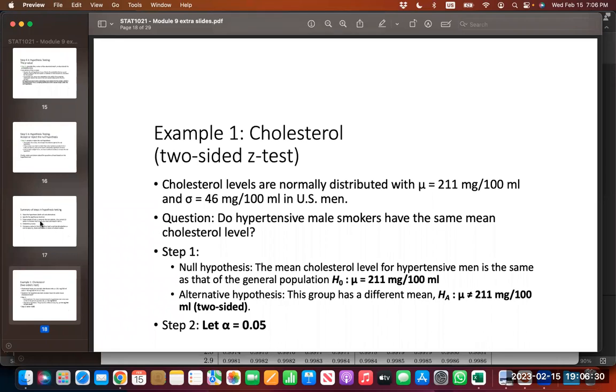We're defining that there's no difference between the sample mean and 211 milligrams per deciliter. Then we have an alternative hypothesis where this is unequal, and we're defining an alpha of 5%, 0.05. That corresponds with a z-score of 1.96, as we have just seen in the slide from Nolan and Heinzen.